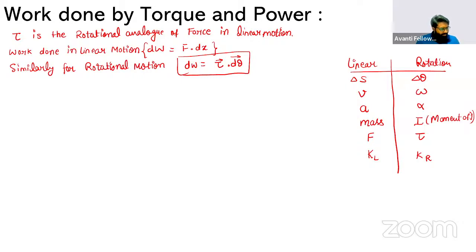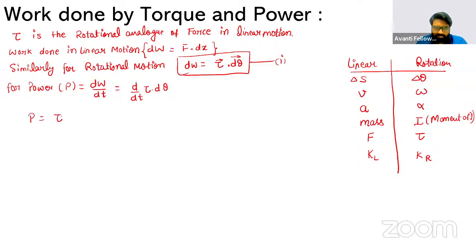Now let's see how we derive a simple formula from this. This is the work done, this is equation number 1. Now for power: what is power? Power is nothing but the rate of change of work with respect to time, dW by dt. If you put it here, it becomes d by dt of tau into d theta. So power here will become tau into d theta by dt. P is equal to tau times d theta by dt, and d theta by dt is nothing but omega.